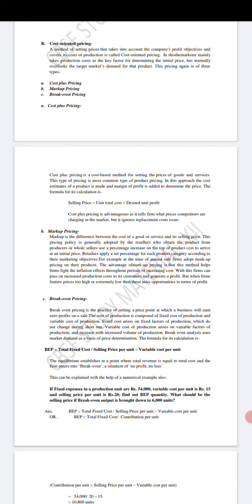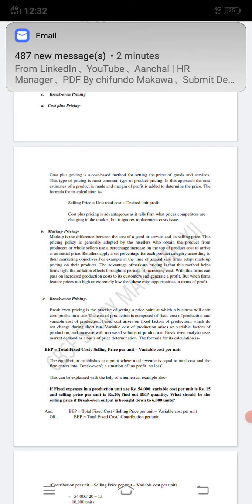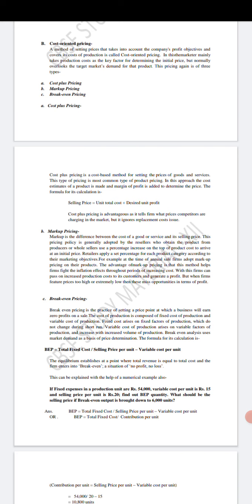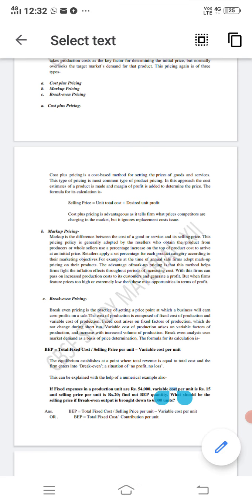This method is used when the company is not in a very good condition in the market, and we just want to stay in the market anyhow. We just want to cover cost. If we are not earning profit, then at least we must be able to cover our cost. In this we find the break even point where cost and price are equal, so there will be no profit, no loss.